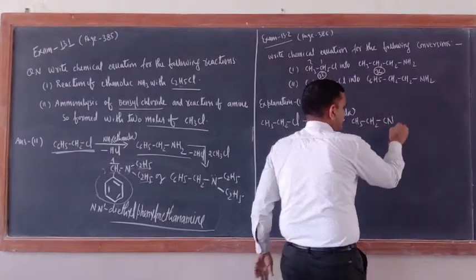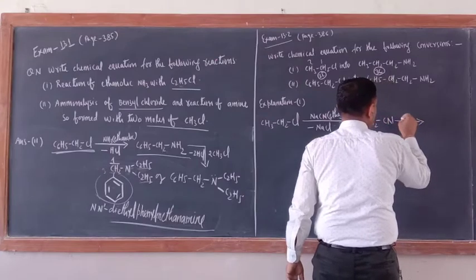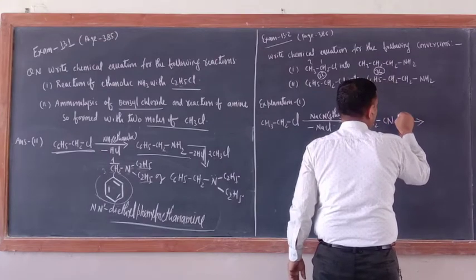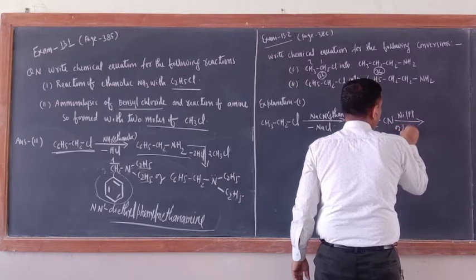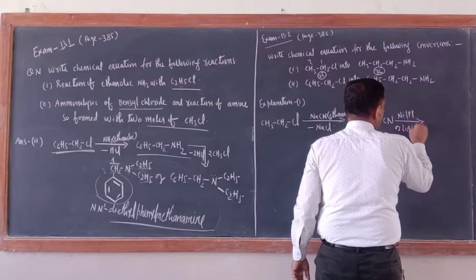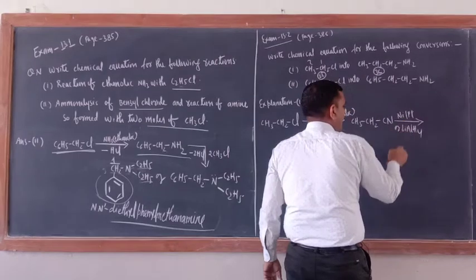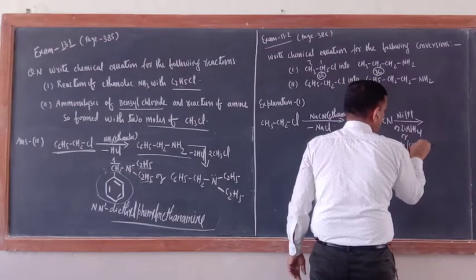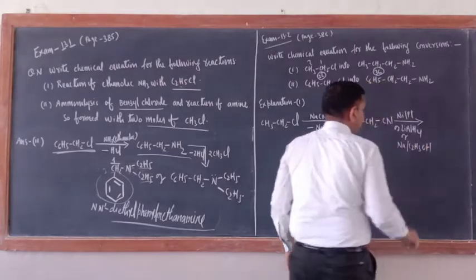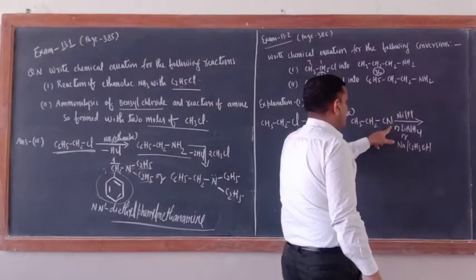Now when this is subjected to reduction in presence of nickel, Pt or lithium aluminium hydride, the reducing agent name must be there. Or you can take the best one, Na/C2H5OH. Okay, so they will furnish the nascent hydrogen.